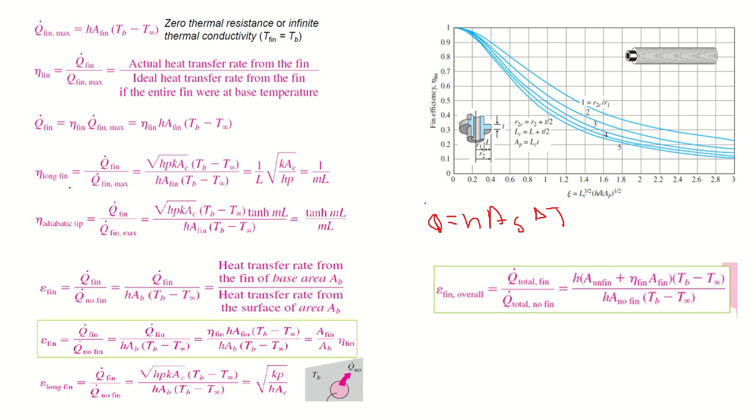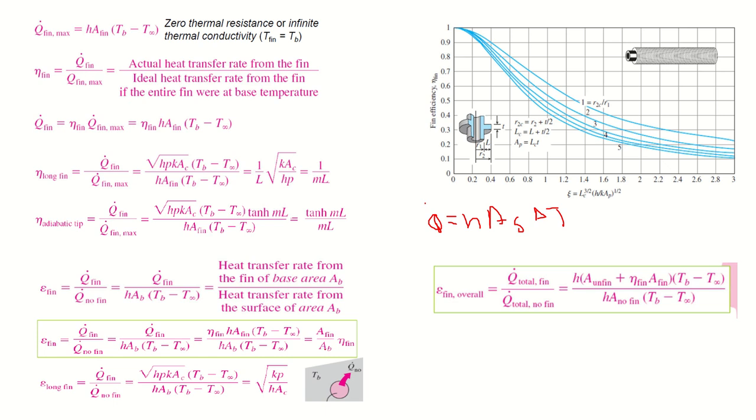To find Q dot of unfin, we found Q dot of no fin. Now we will find Q dot of fin first. Okay, before we find Q dot of unfin, let's find Q dot of fin.